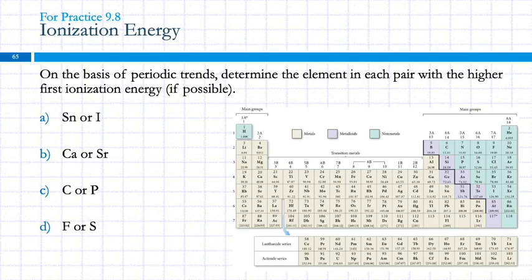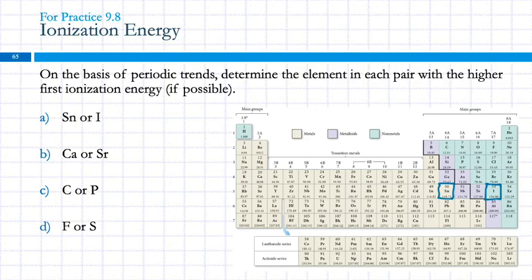So, tin or iodine: we're looking for the higher first ionization energy. Again, we're going to find these in the periodic table. There's tin, and here's iodine. Higher ionization energy, is that going to be the smaller or the larger?